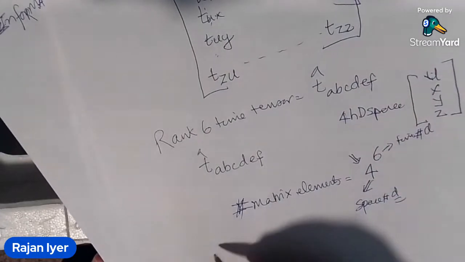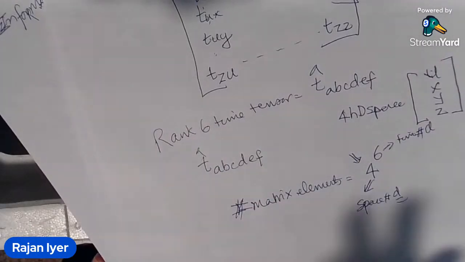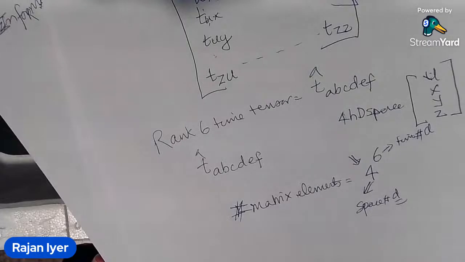So what we are saying is a rank 6 is almost like a sixth dimensional time, but you cannot really attach a dimension. We say it's a virtual dimension.